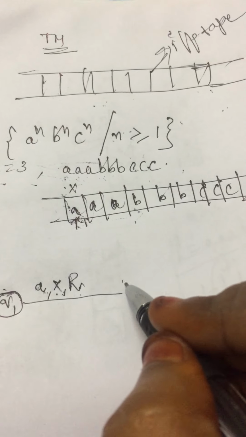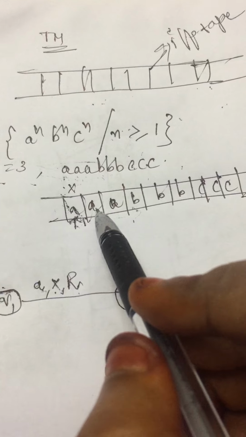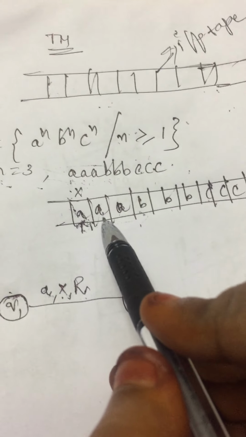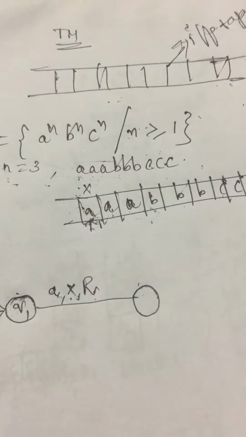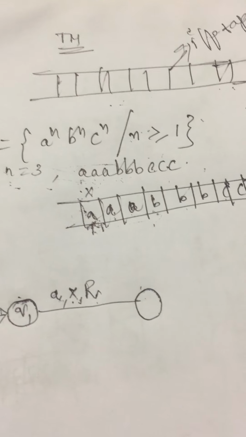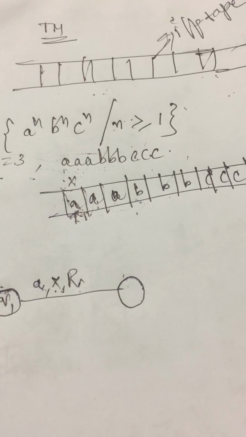So when we are moving to the right direction, if you observe here, we are going to get a number of A's. Here I have taken n value as 3, but someone else may take n value as 5 or 6. That means there will be a number of A's. If 5, the number of A's left will be 4.